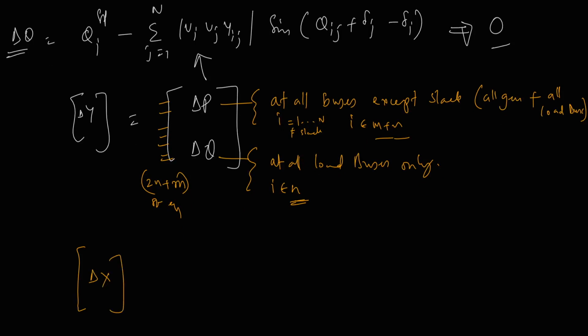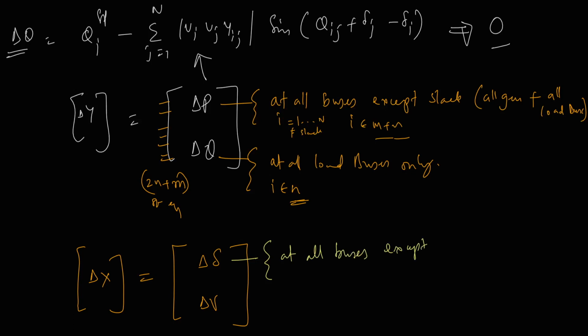Now similarly, the correction vector delta x is actually the number of unknown variables, the delta and delta V's. Now here the deltas are not known at all buses except slack.